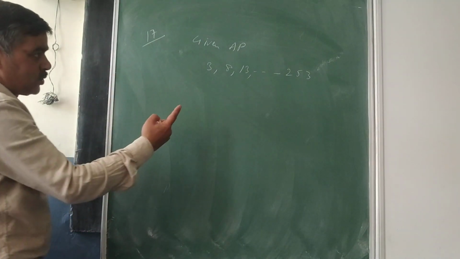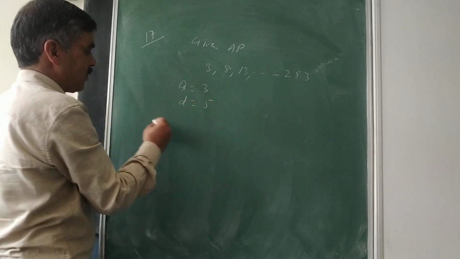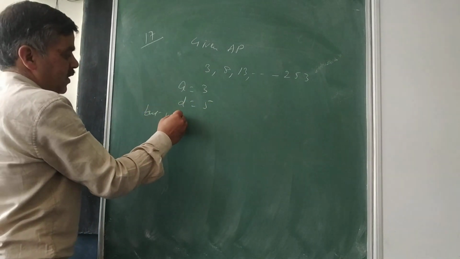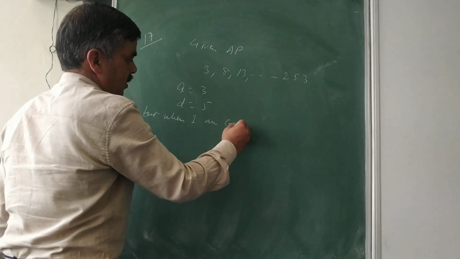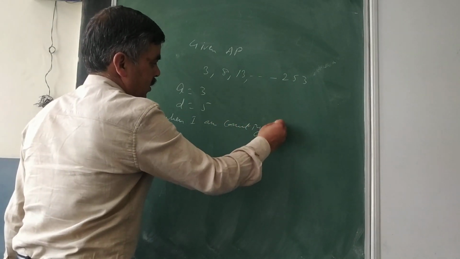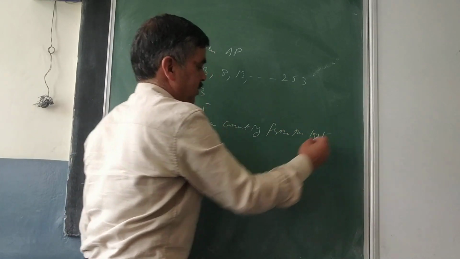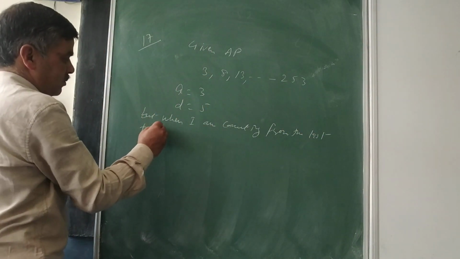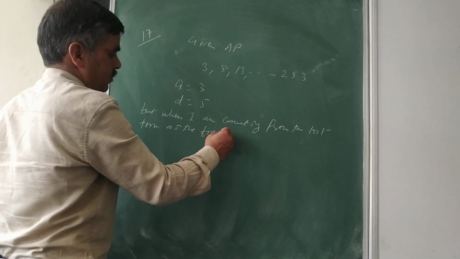So usually you see your A is equal to 3 and D is equal to 5. But when I am counting from the last term, I am taking the last term as the first term.